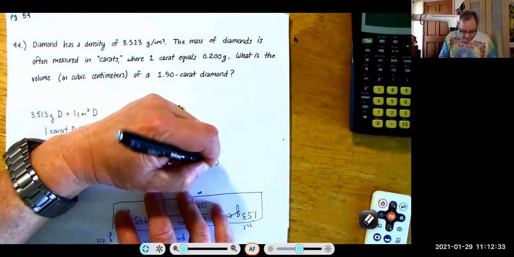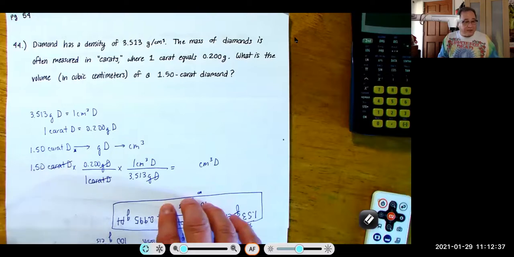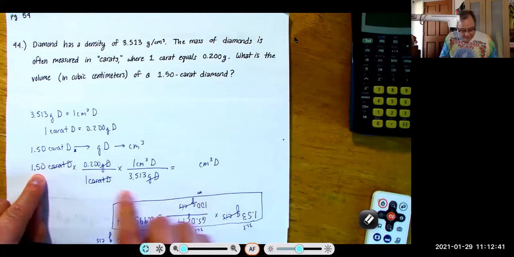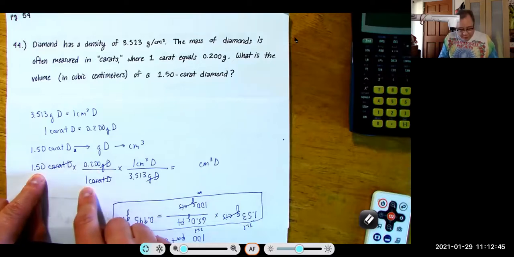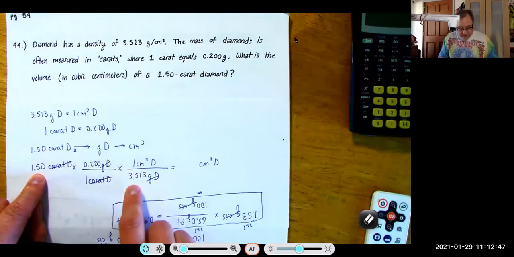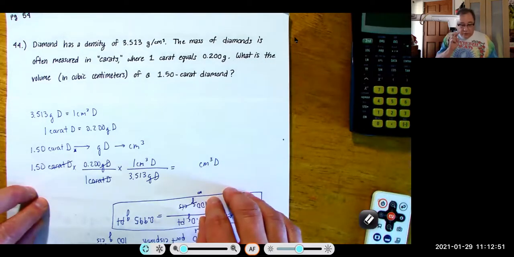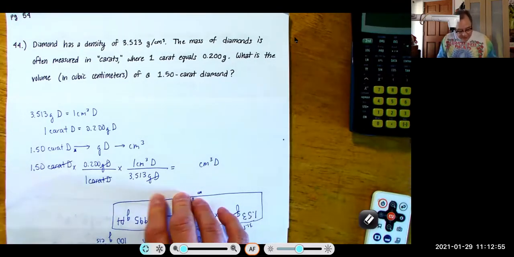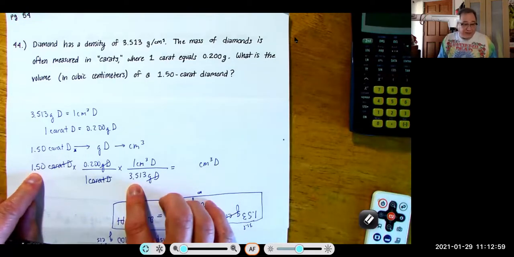And the beautiful thing about writing it all out like this is I can look at the significant figures very easily. I have 3 here. I have 3 here. The 1 is infinite. This one is infinite. And I have 4 here. So I'm going to be left with 3 significant figures. And we can even estimate the answer. 1.5 will go into 3.5 about 2 times.